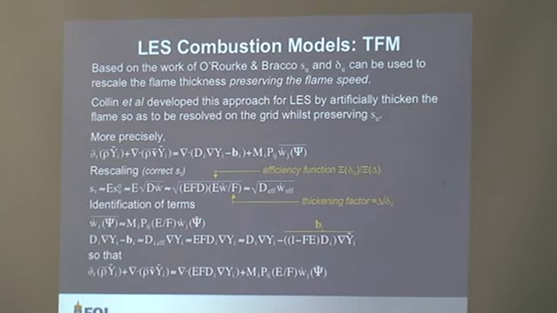They essentially found that you can use the flame speed and flame thickness to rescale the flame thickness so that the flame speed is preserved. This was in the late 70s, beginning of the 80s, something like that, in the Proceedings of the Combustion Institute.